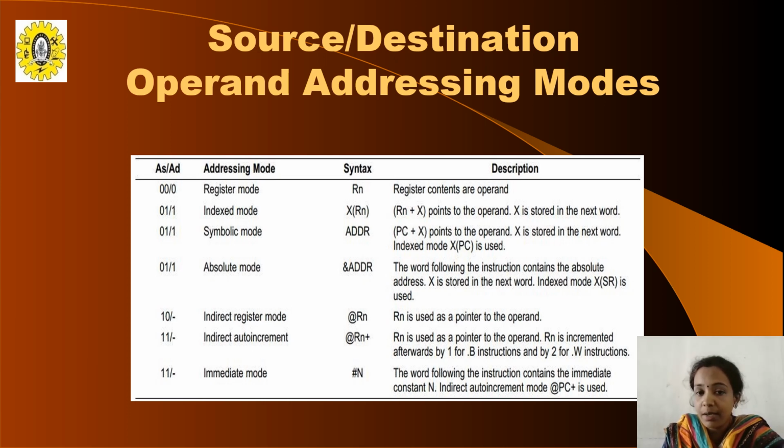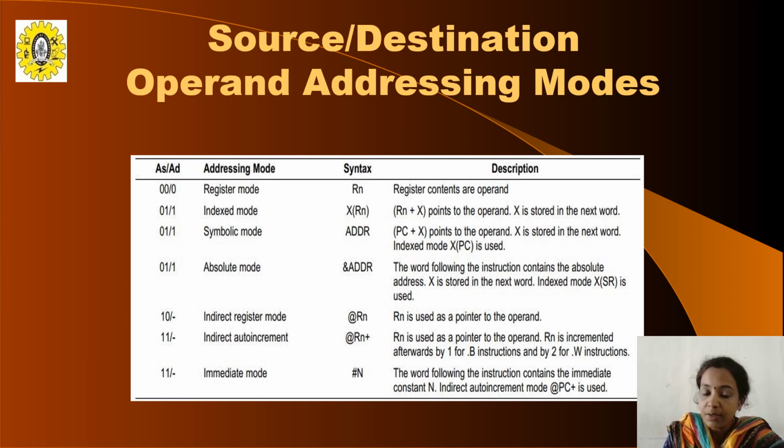Indexed mode is nothing but X of Rn. Rn can be the register here also. Rn plus X points to the operand. X is stored in the next word. Symbolic mode means add ADDR. The program counter plus X points to the operand. X is stored in the next word.